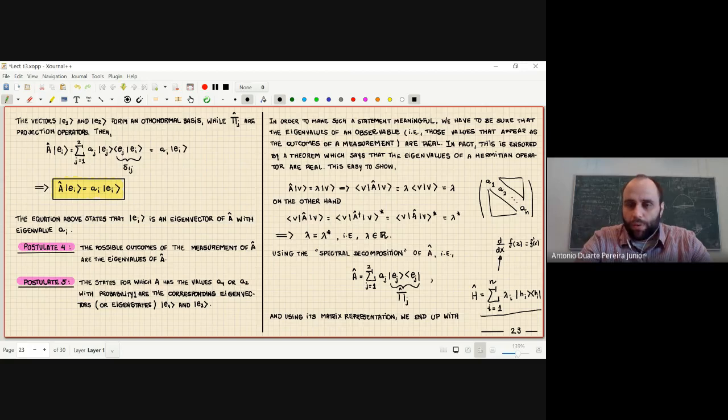The outcome will be the eigenvalue corresponding to this eigenvector. So you're going to measure the same value every time, if the state that you're looking at is an eigenstate of the observable that you're measuring.